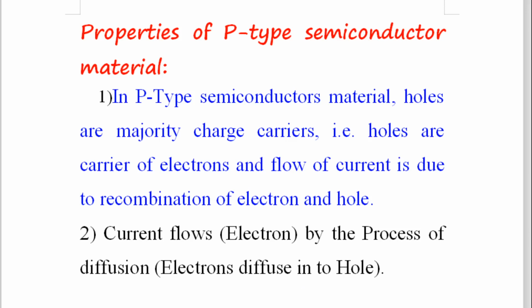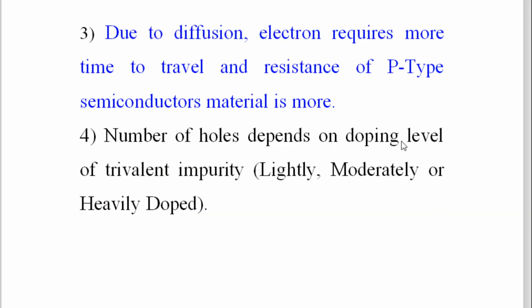So whenever an electron gets attracted towards the p-type semiconductor material, first of all, that electron occupies the position in the vacancy, that is, into the hole. Due to diffusion, the electron requires more time to travel from the positive to the negative of the battery, conventional, and in reality from negative to positive, the actual flow of current.